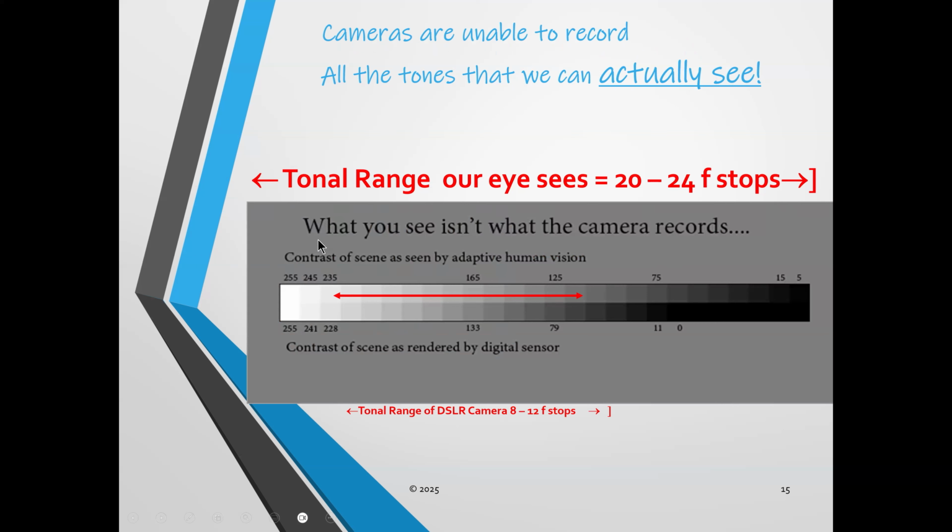So this is the tonal range of what we can see. And so we go out there and we see all of this. And then we say to the camera, with your automatic way of capturing it, you capture what you think we'll want to see. And the camera goes, well, which one? Do I go up here, or do I go down here, or do I do the middle, if this is the scene?